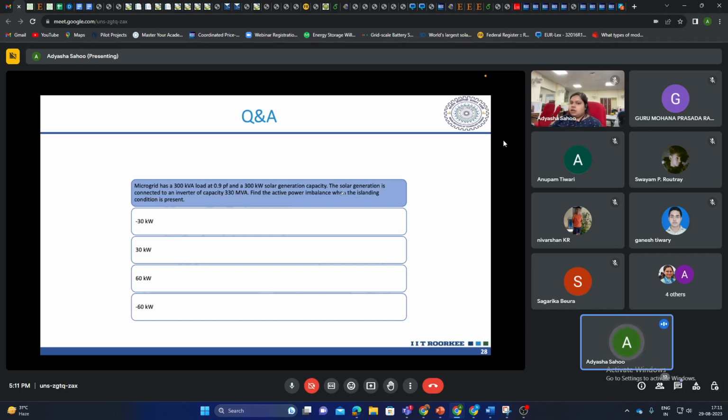Find the active power imbalance in the islanding condition. I'll give 2 minutes to try.